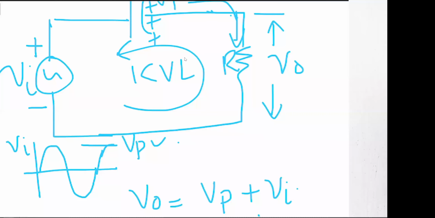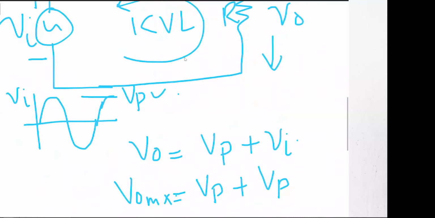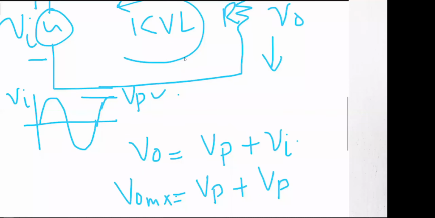So to find the maximum value of V naught, V naught max should be equal to VP, where the first VP is the drop across the capacitor, and the second VP replaces VI, which is the maximum value of the input, right?